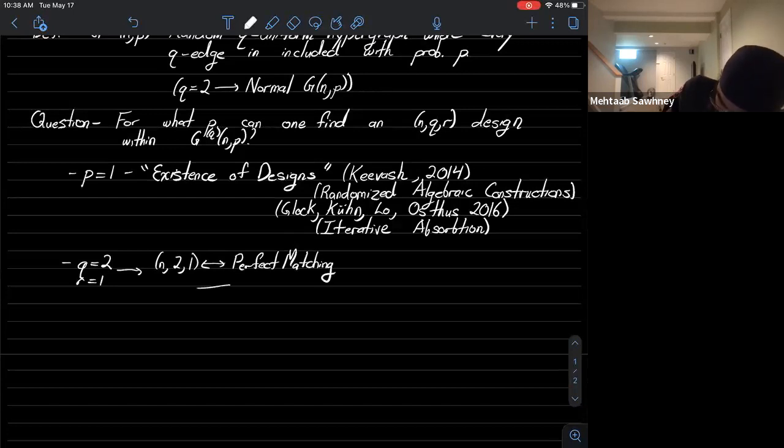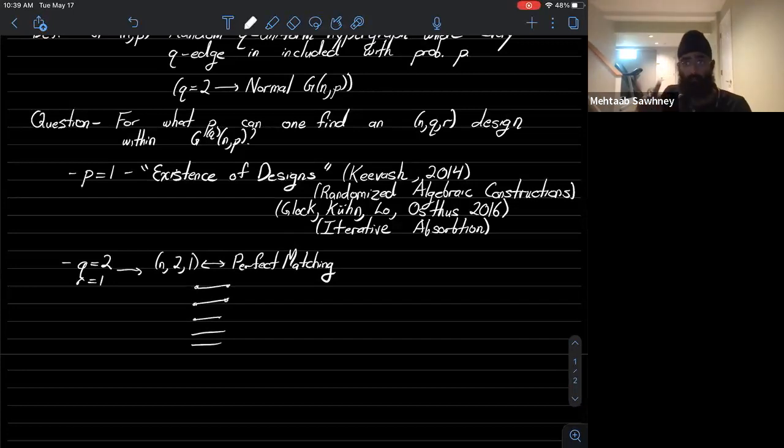To see this, let's write it down explicitly. The sets of size 1 are the vertices, and each edge is a set of size 2 covering those vertices. Since it's a perfect matching, you're covering every vertex, and exactly once, since it's a matching. The question this is asking is, when does G(n,p) have a perfect matching?